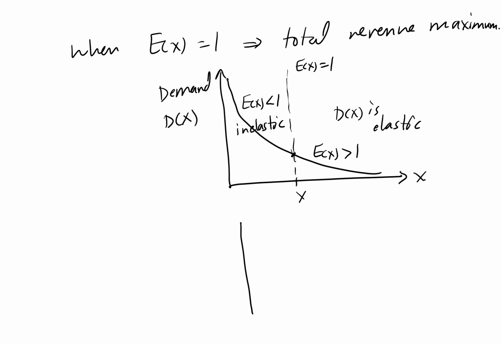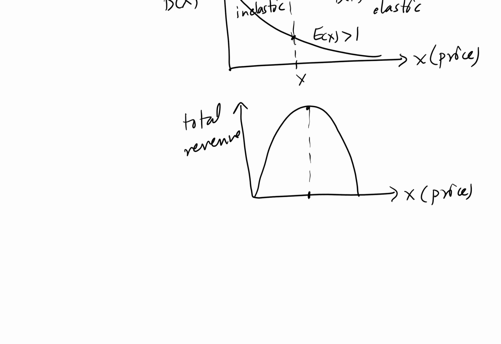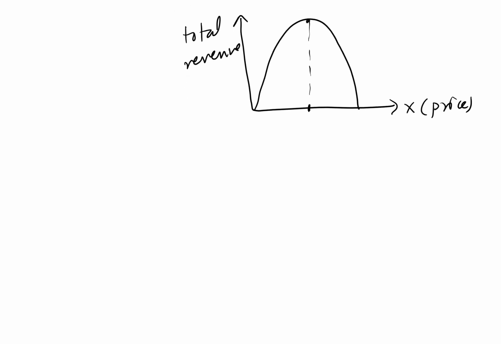Also, I can represent the total revenue. This is the price x on the x-axis, and this is the total revenue. So the total revenue, let's say, goes this way. At some point, it will be maximized at that point there. And these two graphs can be put into one graph. We can represent it as one graph like so.